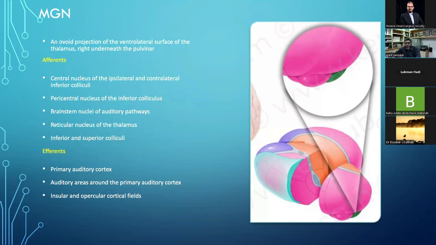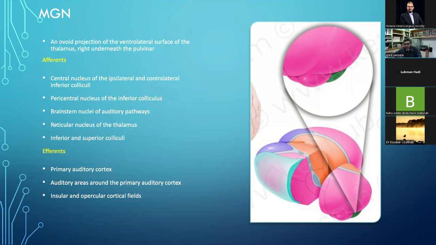And the medial geniculate body, this is the green structure we are seeing here, on the medial part of the posterior pole of the thalamus below the pulvinar. This is an ovoid projection, and it receives afferents from the central nucleus of the ipsilateral and contralateral inferior colliculi, the pericentral nucleus of the inferior colliculus, and the brainstem nuclei of the auditory pathways.